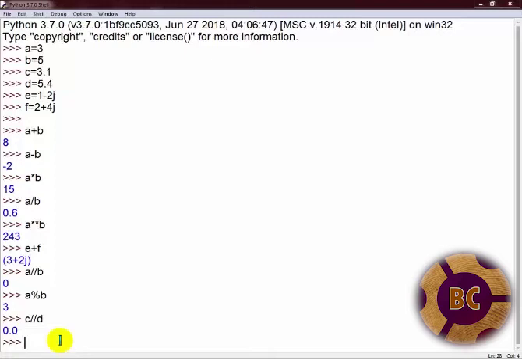So the shift to left is the same as multiplying A by 2 raised to power B. The syntax is A and B. This is the syntax.